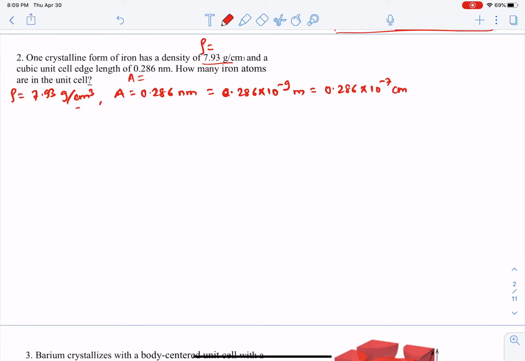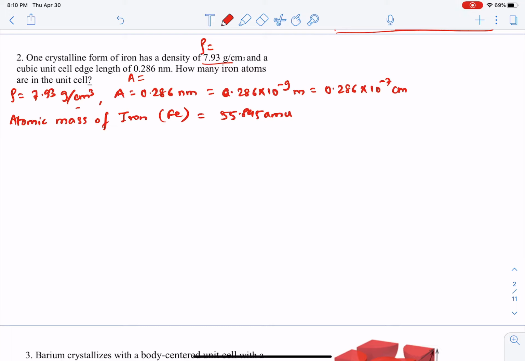To get the mass of the unit cell, we also need to know the atomic mass of iron, right? So the atomic mass of iron, or Fe, from the periodic table, is equal to 55.84 AMU. Now again we will use the same factor and convert it into grams.